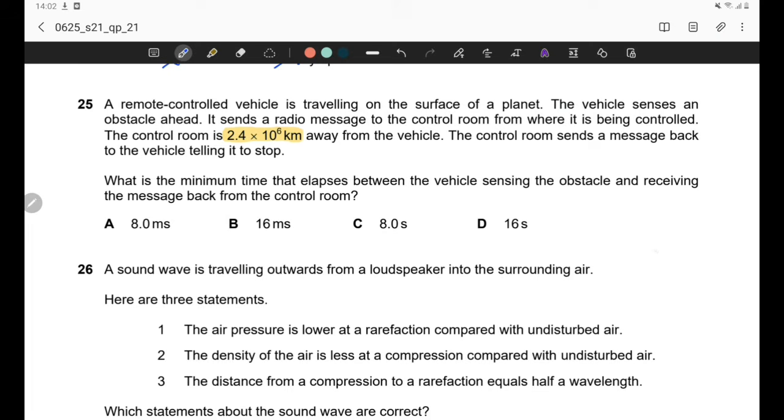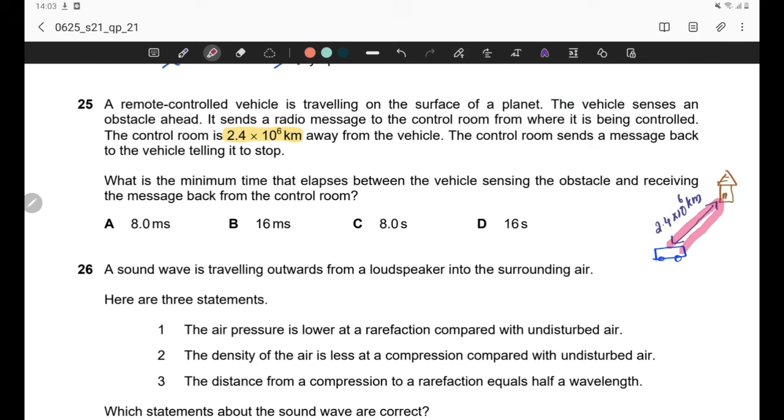So we have a vehicle. Let this be the vehicle and let this be the control room. The distance between the vehicle and the control room is 2.4 times 10 to the power 6 km. So we need to calculate the time taken by a signal when it is sent from the vehicle to the control station and received back.